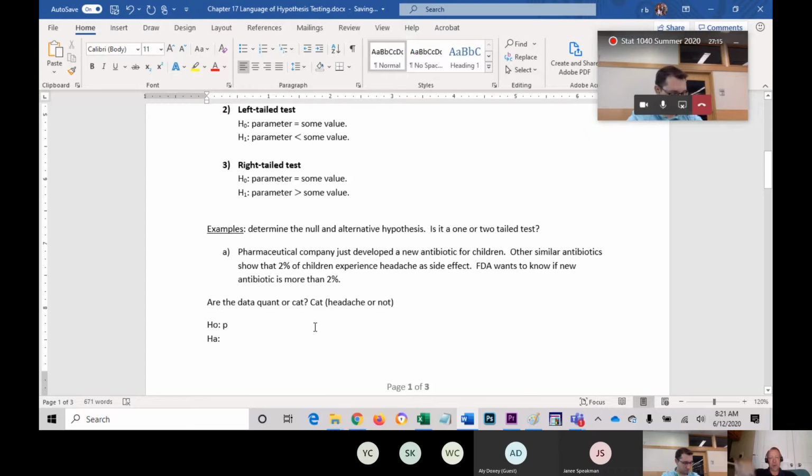So we are going to use P on this one. So P equals 2%, so 0.02. The alternative is going to be P is greater than 0.02. Yes, they want to know if it's more than 2%, right?